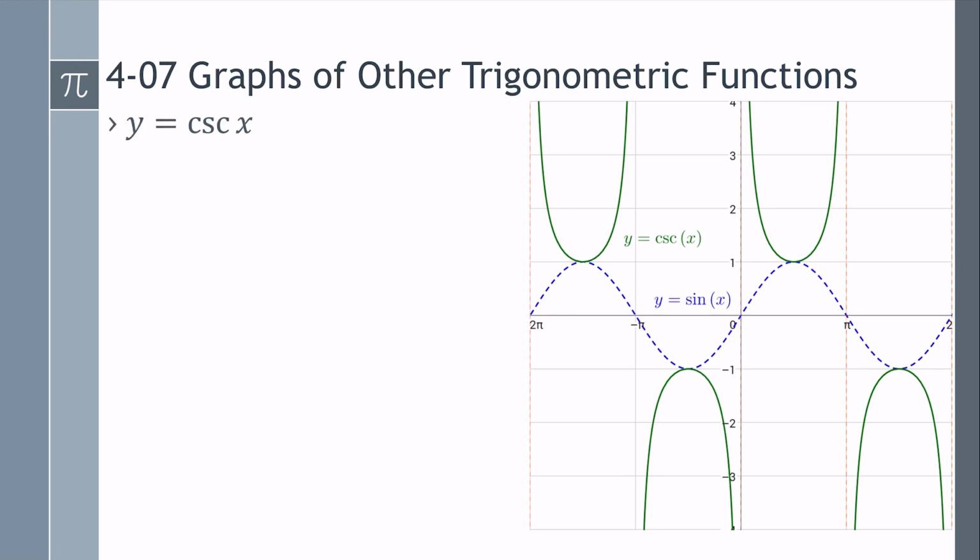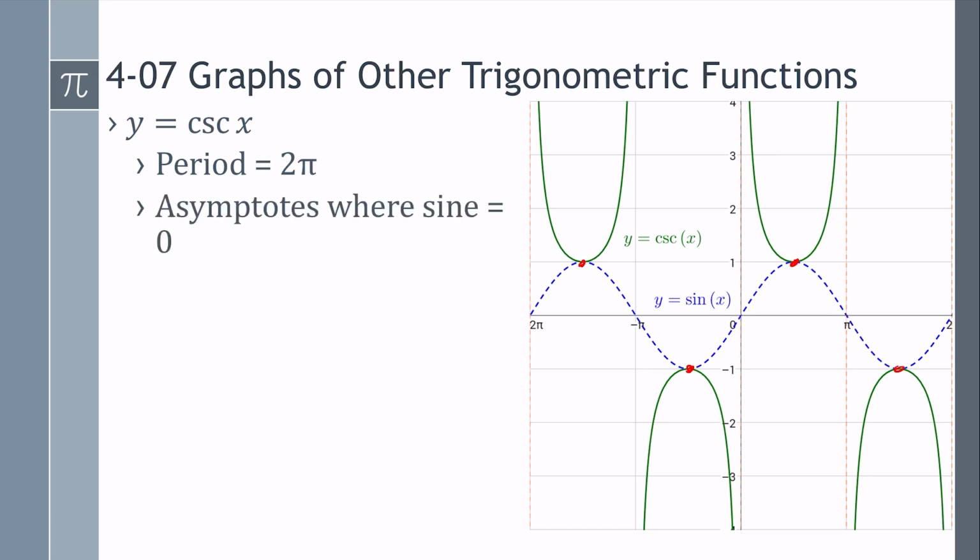Cosecant is the reciprocal of sine. So this actually works out as if you graph the sine first, cosecant makes these weird little loops above and below sine where they touch at the maximums and the minimums. Since it's with sine, the period is 2 pi.